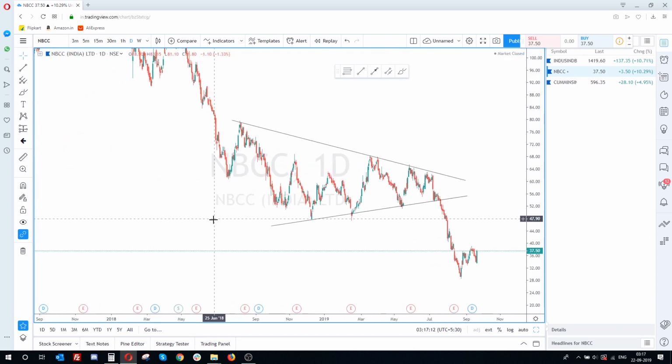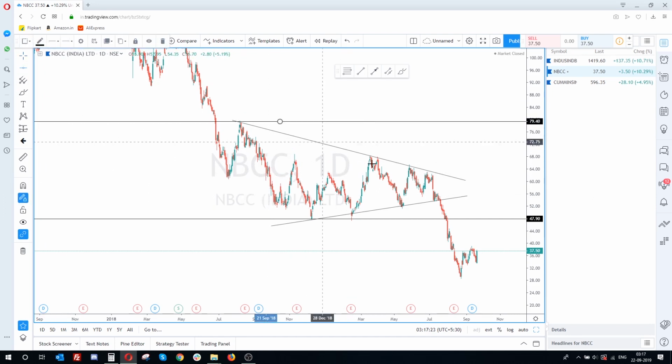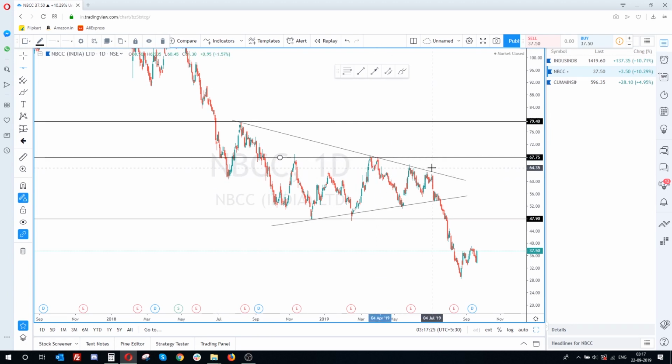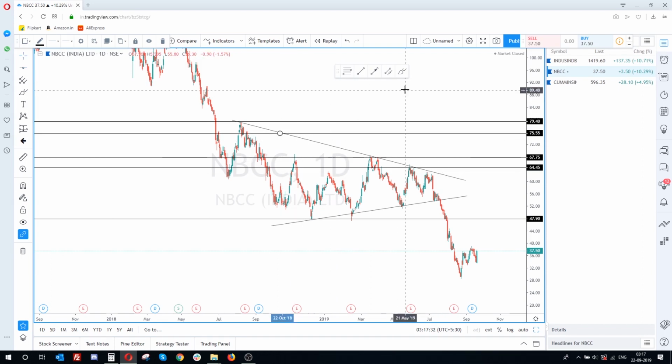Let's consider support and resistance here. What would have happened if we were considering support and resistance? Here this is the major resistance, and this is a major resistance. Let me take these off.